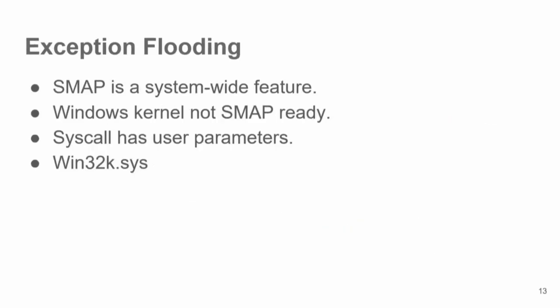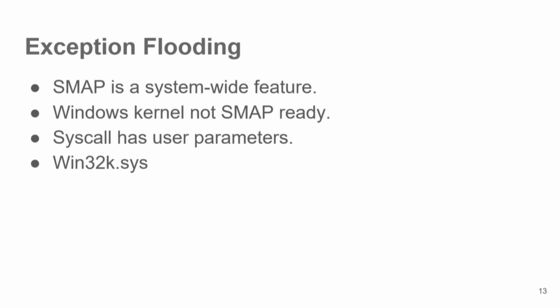But the problem is, when we enable this feature, there will be a huge number of exceptions, because SMAP is a system-wide feature. When you enable it, you enable it for the whole system, every process. And the Windows kernel didn't adopt this feature yet, so it gets user data in its own way, directly reading the data.